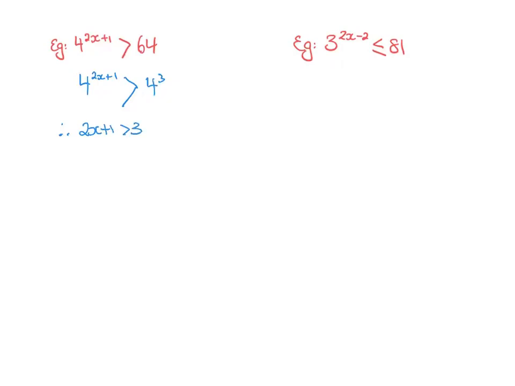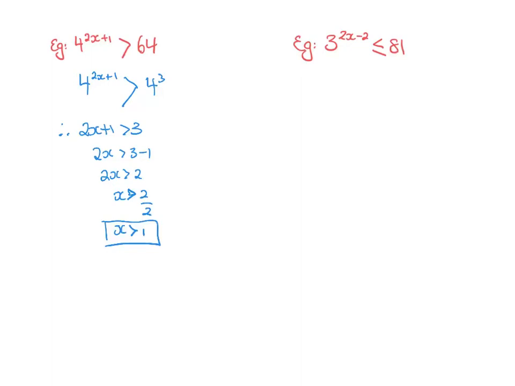And then we go about solving. So you move the 1 over, so it's 3 minus 1, 2x is greater than 2, and then x is greater than 2 divided by 2. So just remember, if you are dividing or multiplying by a negative number, you have to flip the inequality. That was the rule you learned in year 10 most likely.